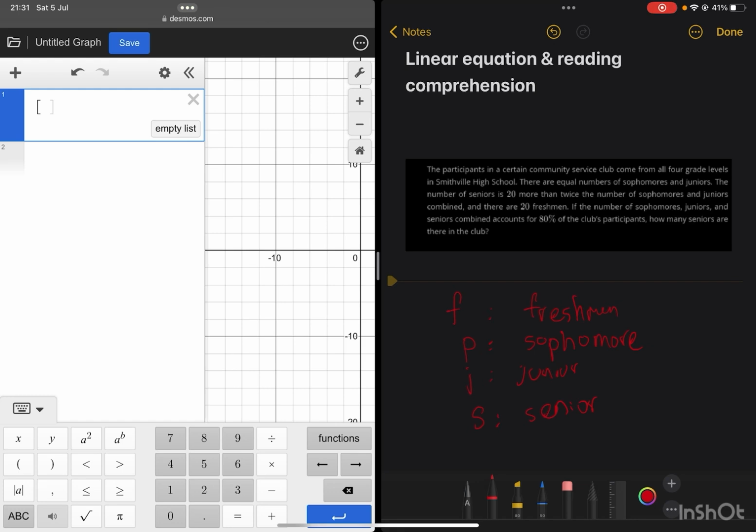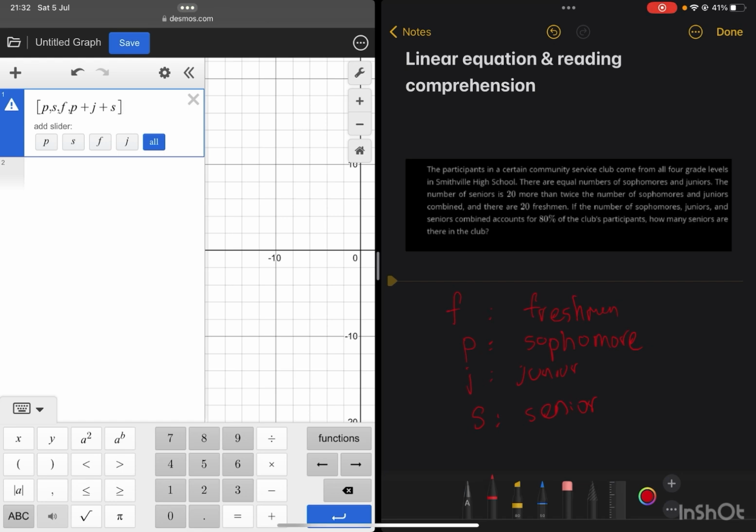First, I'll put this and I'll explain it later. I'll put P as our sophomores, S as our seniors, F as our freshmen, P plus J is our juniors, plus S. We'll close the square bracket.